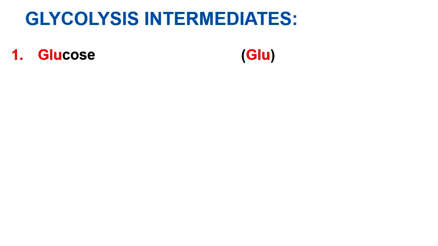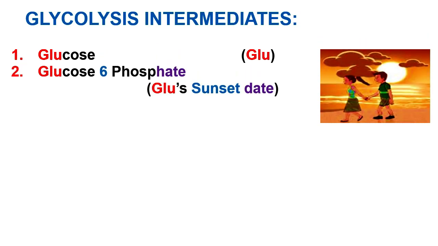Keyword date rhymes with phosphate and sunset helps to recall the number 6. Hence, combining both, we can recall 6-phosphate for sunset date. Glue's sunset date becomes the clue for the first intermediate, glucose 6-phosphate.